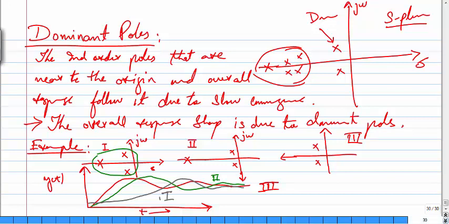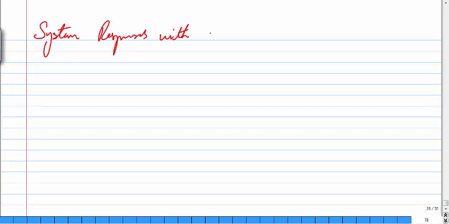Now we move to the next thing, that is, what happens if we are adding some zeros to the system. System responses with zeros.